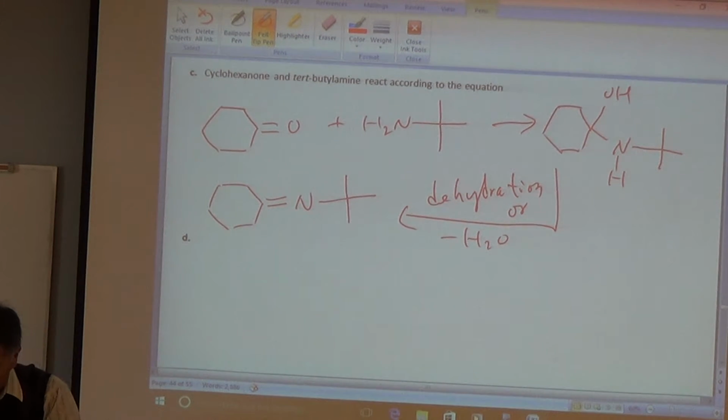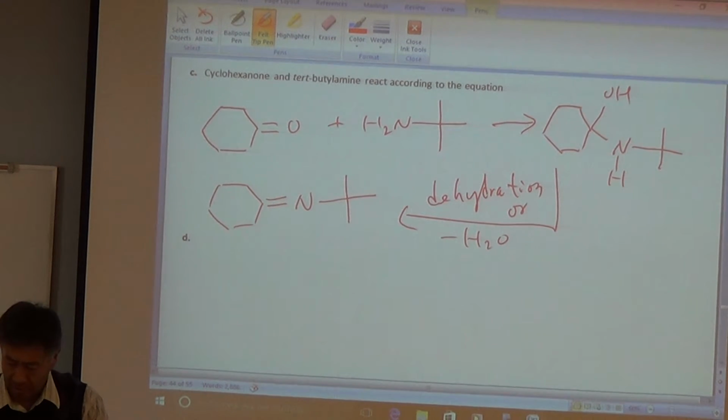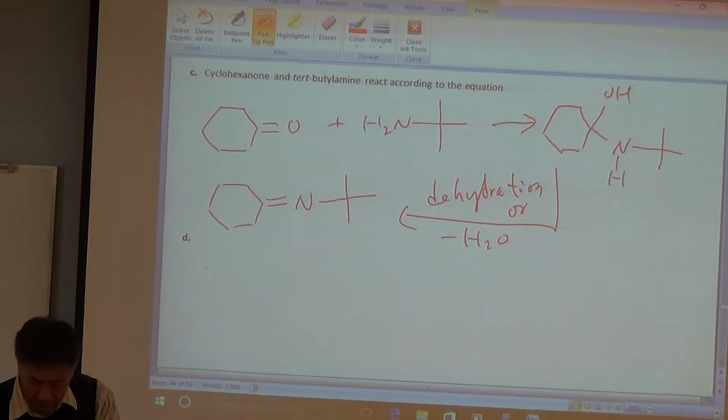Next example, you will use acetophenone, and you will switch. Now you have the ring on the amine. So your reactant, acetophenone, is this.